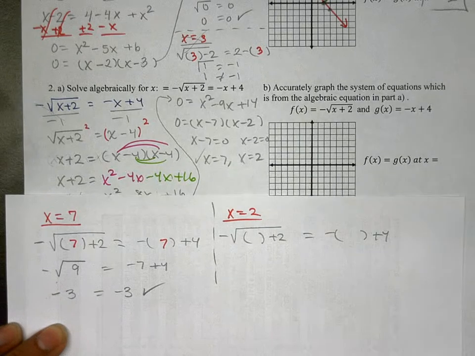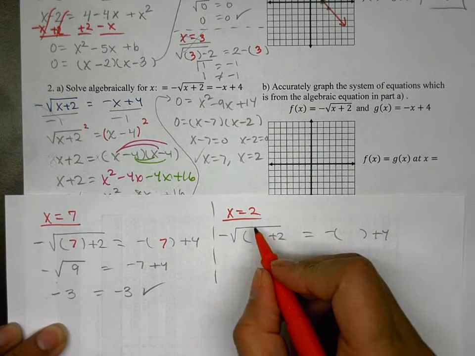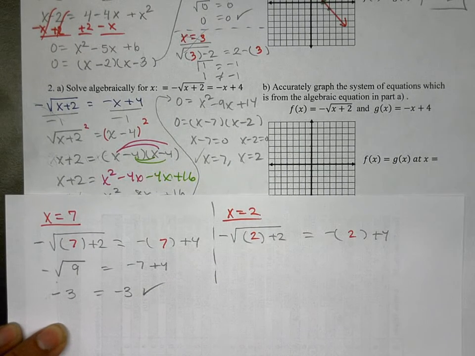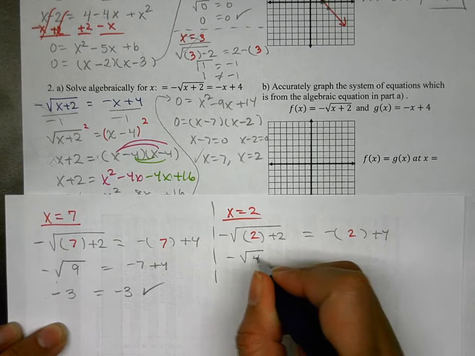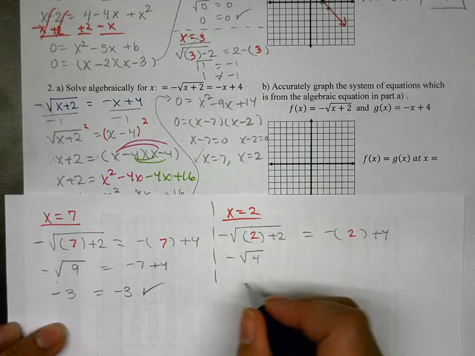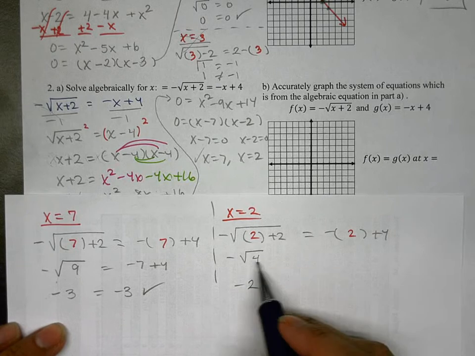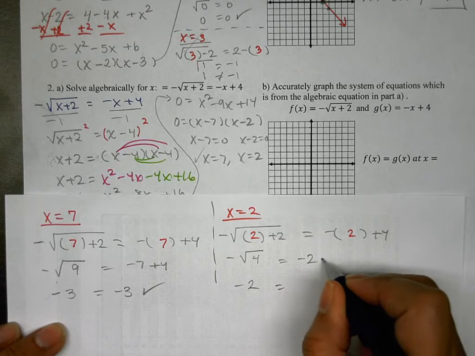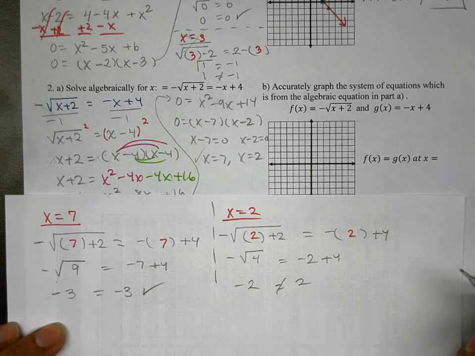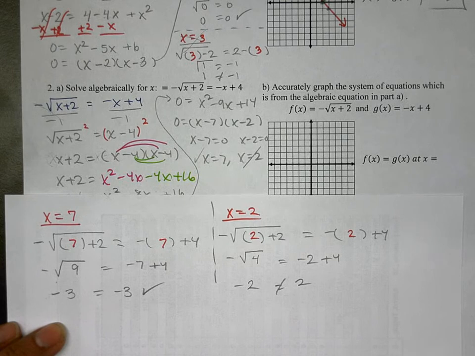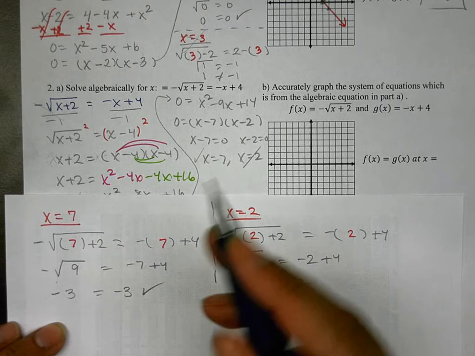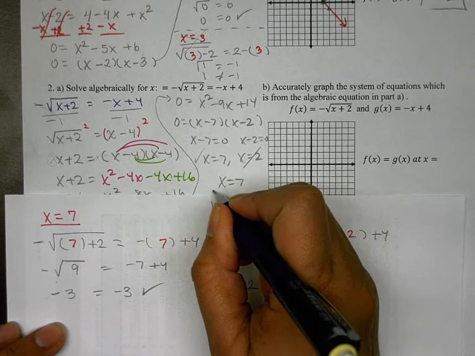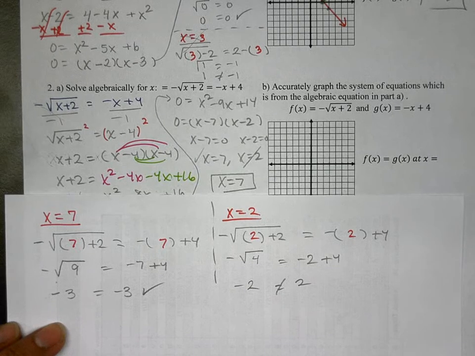All right, plugging in 2 and 2. 2 plus 2 is 4. The opposite of the square root of 4 is negative 2, because root 4 is 2, opposite is negative 2. Opposite of 2 is negative 2, plus 4 is positive 2. That does not work. X equals 2 is not a solution, so x equals 7 is the only one here that works, and we're going to graph.